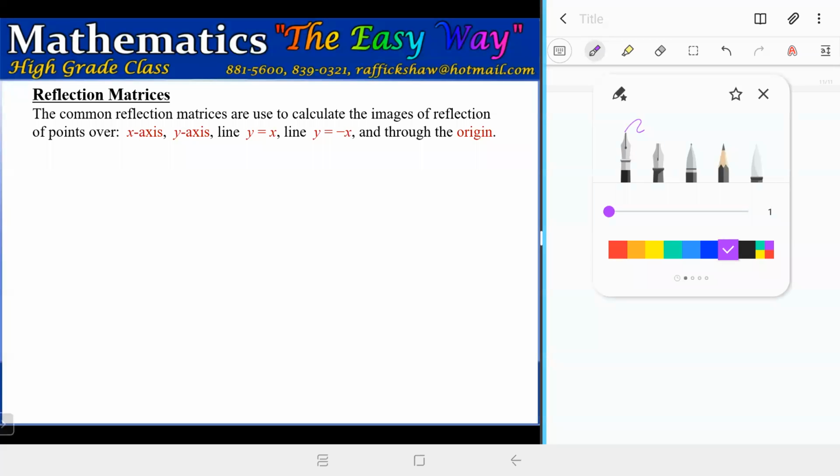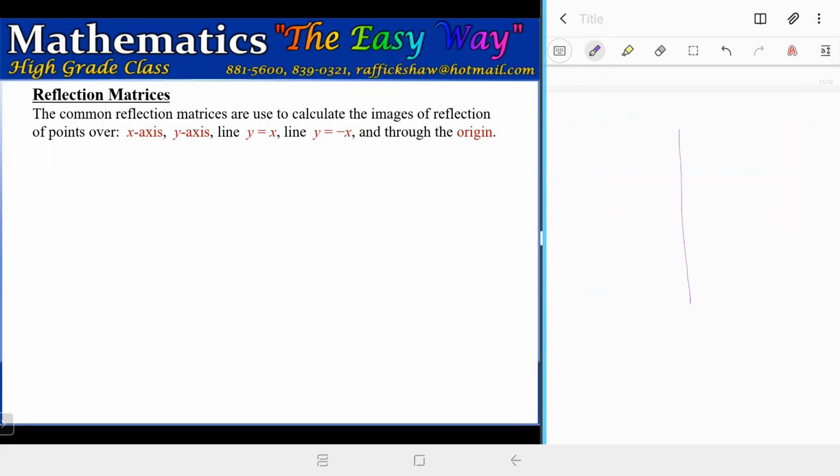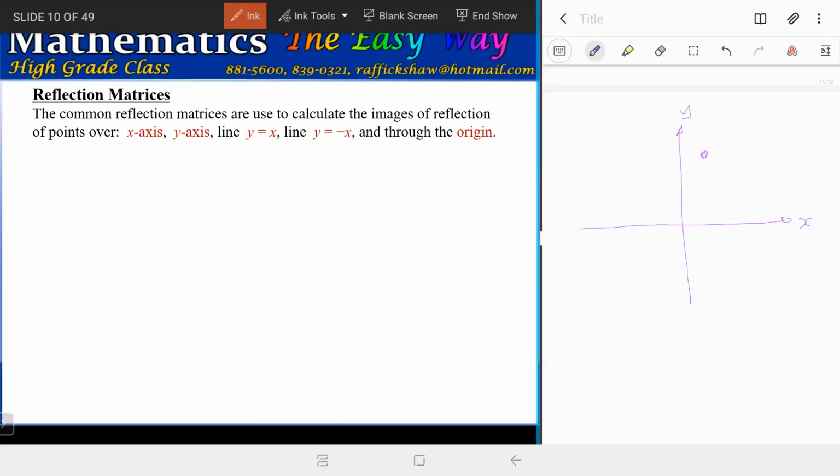I'm not taking anything for granted. This is the y-axis, this is the x-axis. If I have a point here, there is a matrix that will calculate its image. Let's say this point is (1, 5).